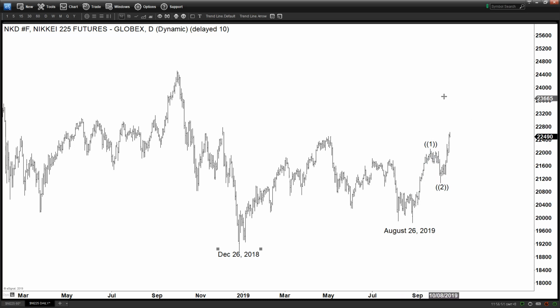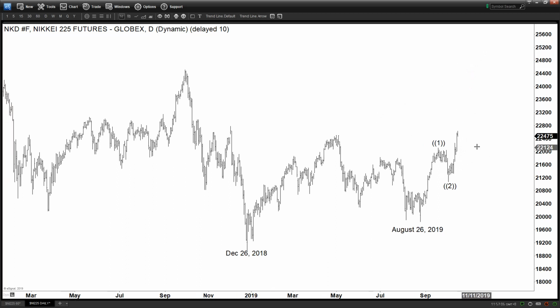Obviously if it's 1, 2, 3, wave 3 can be extended, because that's basically what the Elliott Wave theory says: wave 3 is the strongest and the longest, and using Fibonacci it can usually go to the 1.618, 161.8% extension.